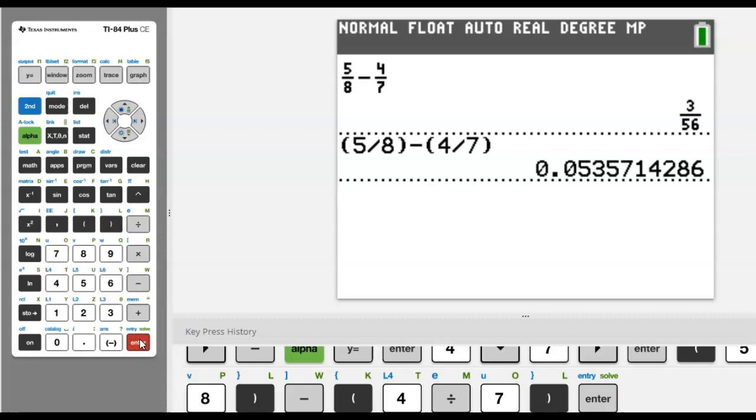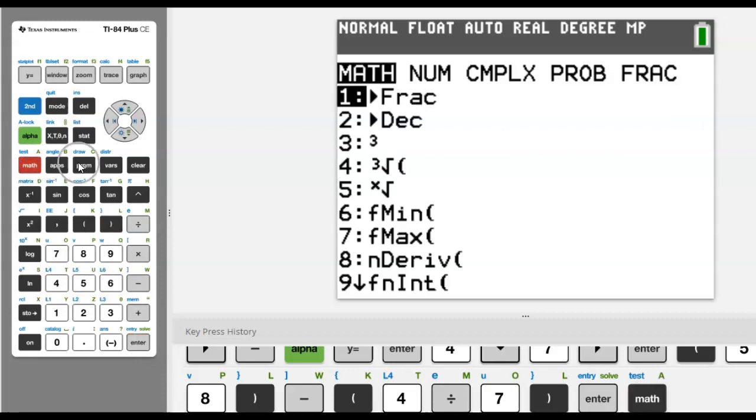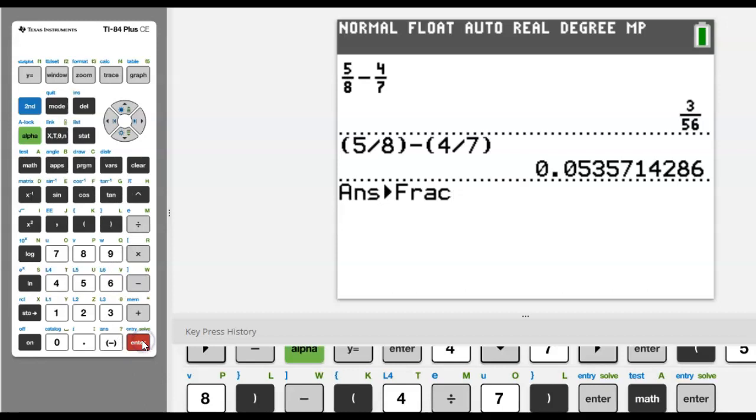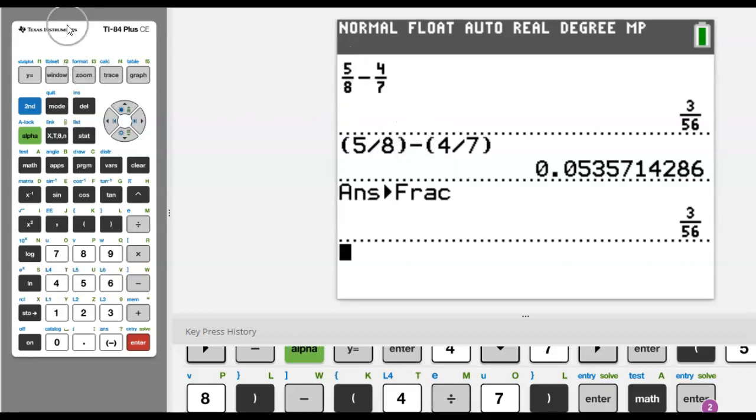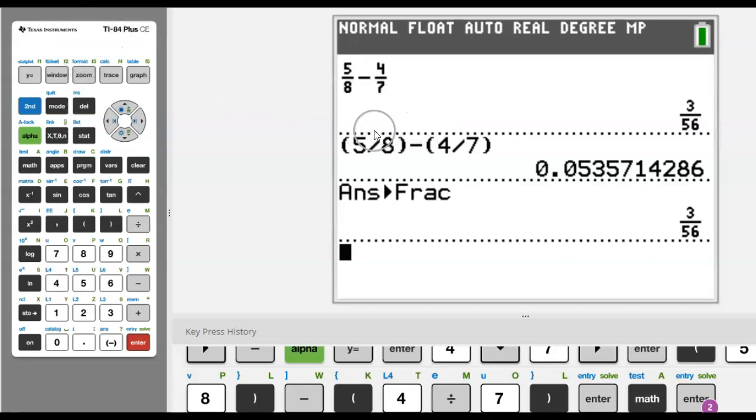It gives you a decimal, you go to Math, and then you enter, and that changes it back. You see, you got the same answer. So even if you don't have a graphing calculator like the TI-84, you can still do it.